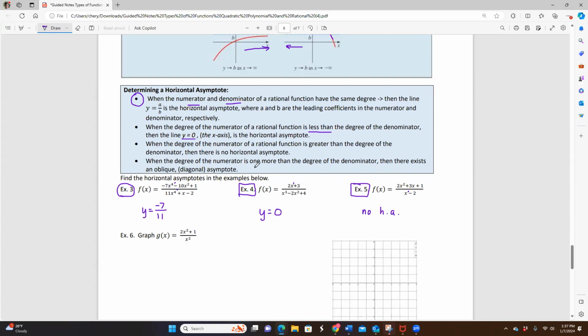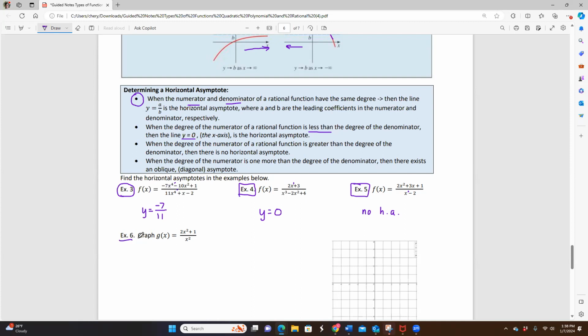But it does meet criteria 4 here, which says when the degree of the numerator is 1 more than the degree of the denominator, then there exists an oblique or a diagonal asymptote, which would be the case here because 2 is 1 greater than 1. But we don't have to find it in this case.